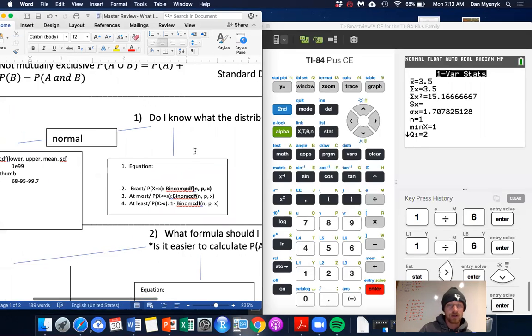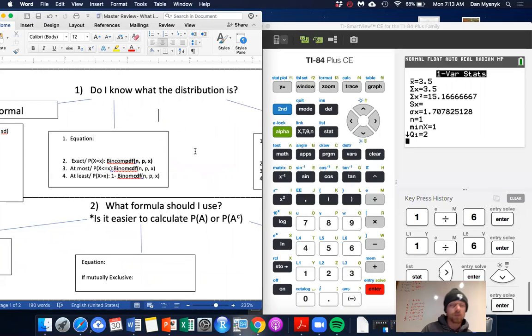If it's not normal, you might find that it's binomial. For it to be binomial, it has to follow BINS. If we remember, BINS means binary, independent, number of trials is fixed, and S is same probability every time.